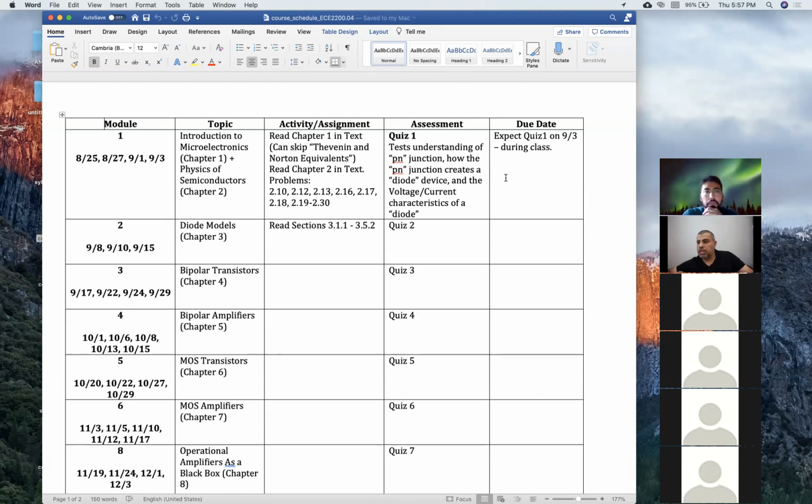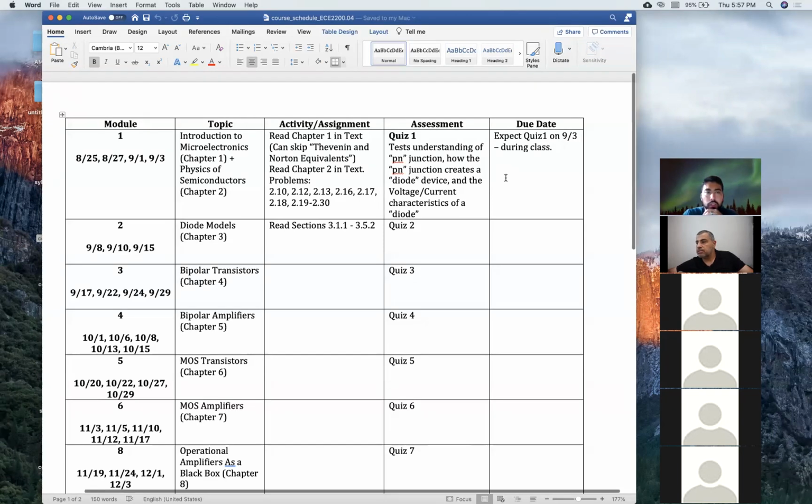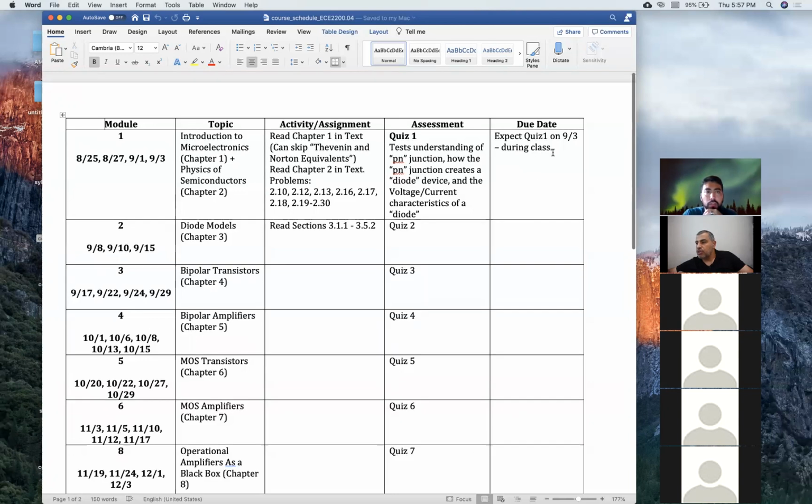It also gives you a flavor of what the quizzes look like, but I just want to give it to you so I get a feel for if anybody needs help. After that, our first real quiz will be on September 3rd. Maybe a lecture before, maybe a lecture after. I'll let you know if the time gets moved, depending on how fast we move.